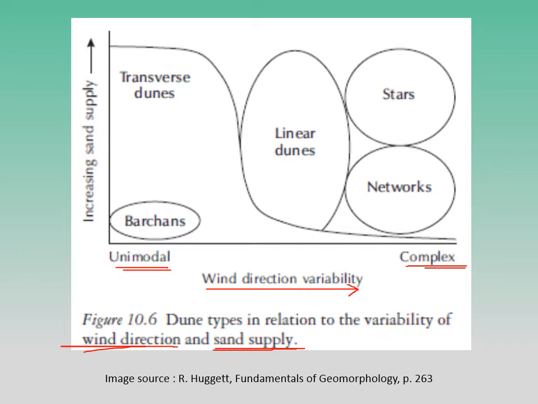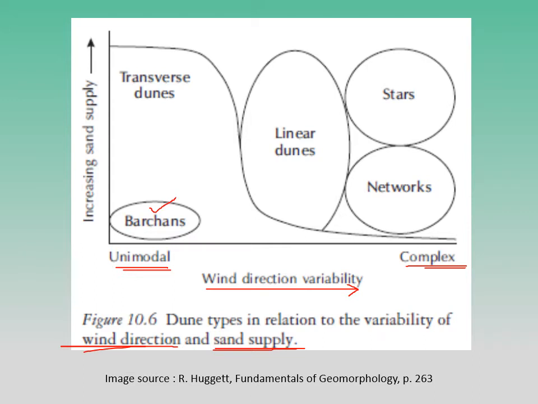Now depending on the two parameters, if we plot all the different kinds of dune forms found in nature, we can see that when the wind direction variability is very poor, that means there is almost a unimodal flow direction of wind, and the sand supply is very poor, Barkhan type of dunes are formed. With unimodal direction but a higher amount of sand supply, transverse dunes are formed.